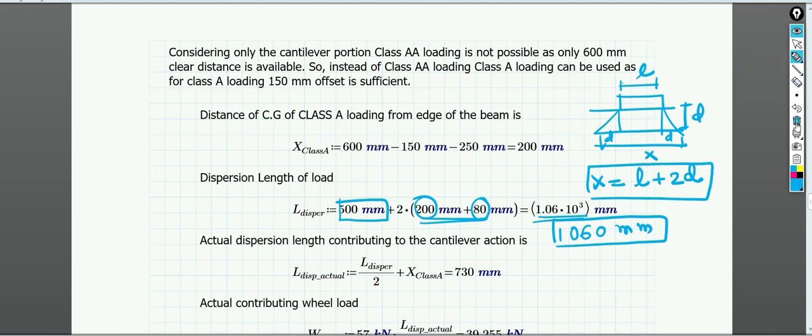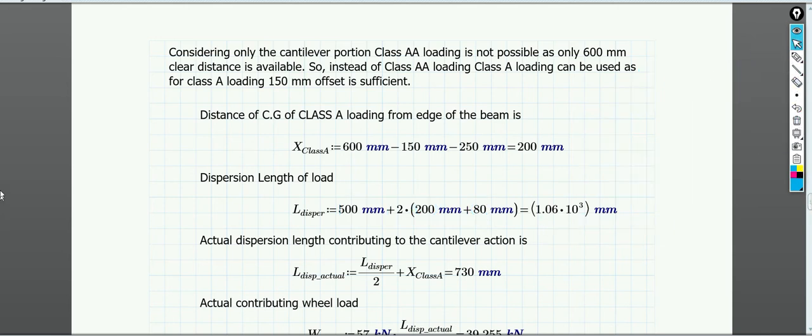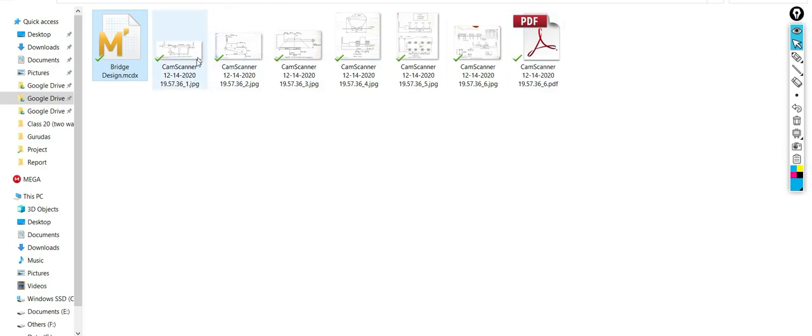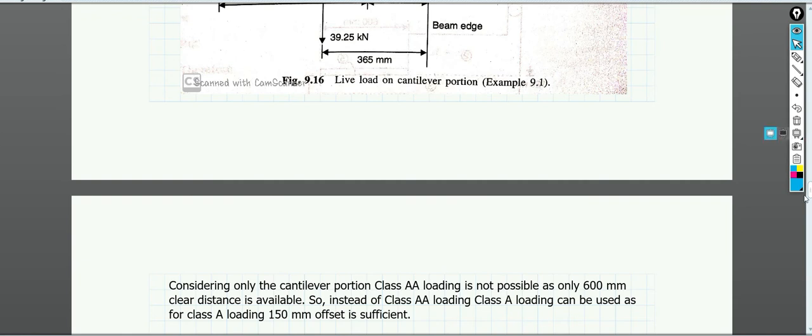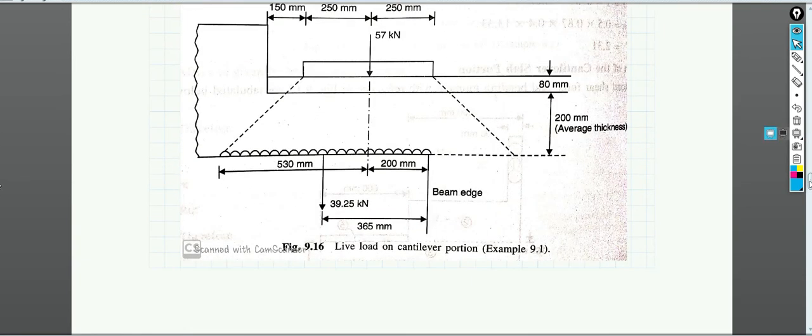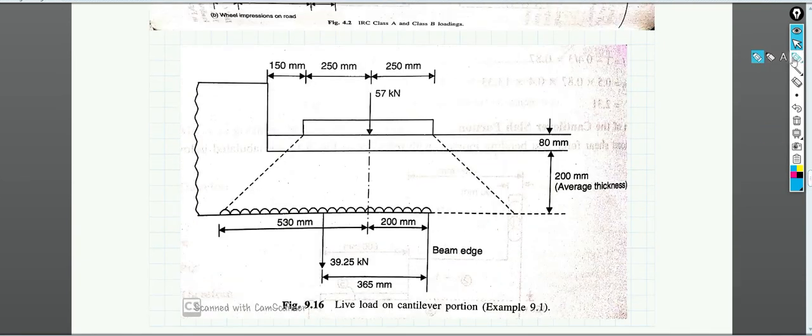Now look at this figure. From our calculation we got that this distance is 1060 mm. This is the overall distance.